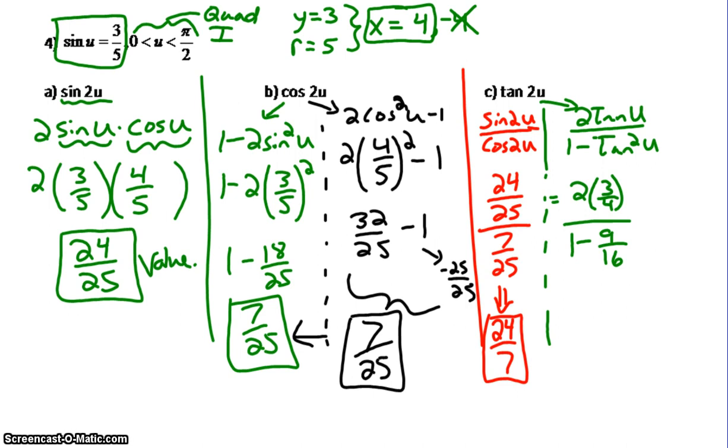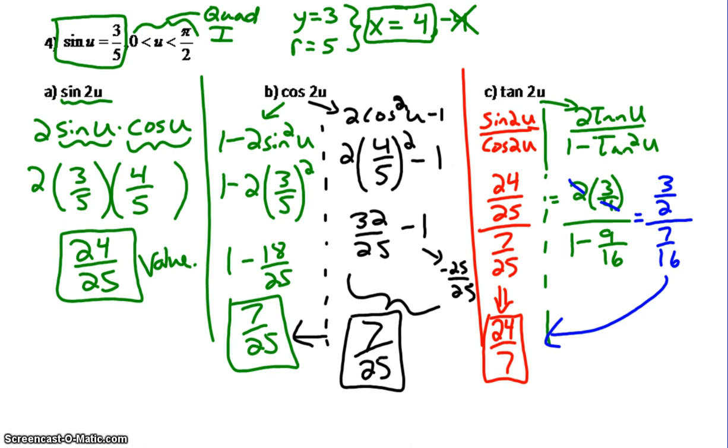Doing a quick reduction here, I do have the fraction 3/2, and that is all over 7/16. If I multiply by the reciprocal, this will get me back to 24 over 7. So that is perfect. We're done with the lesson.